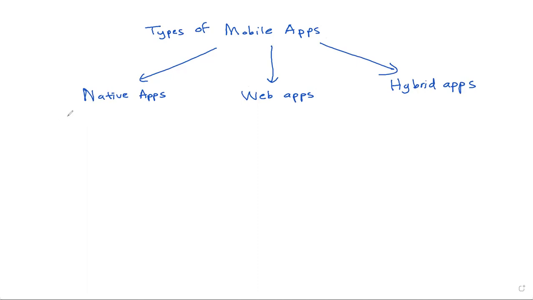Right? So what are native apps? Native apps are applications or software programs that can be installed on the device itself. However, when we consider web applications, we do not need to install them on the device itself.